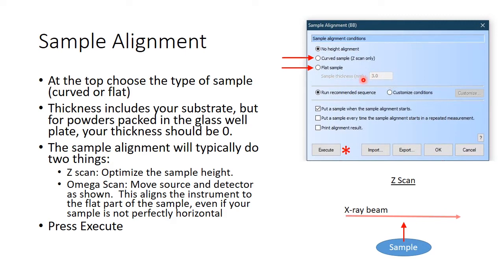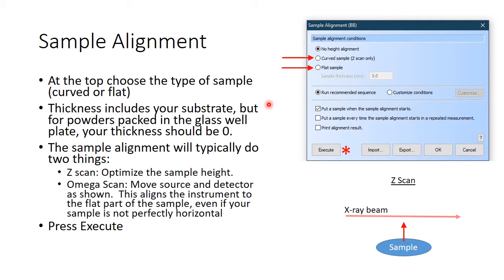And that sample thickness is going to depend a little bit on the type of sample that you are looking at. So, for example, if you are looking at a thin film on a substrate, then you're going to want to use a thickness that includes your substrate thickness. But if you have a powder that you have packed, for example, in the glass well plate, your thickness is going to be 0.